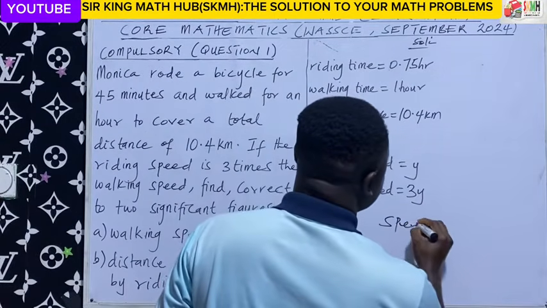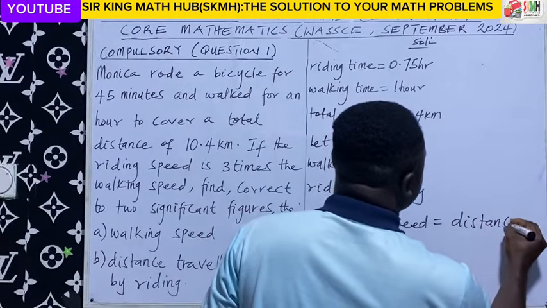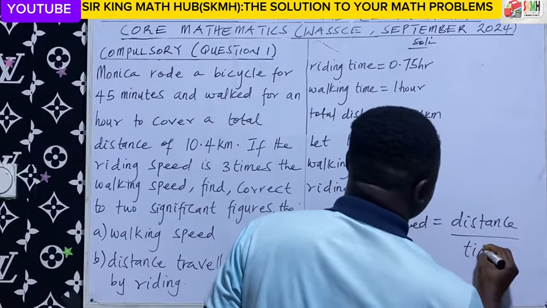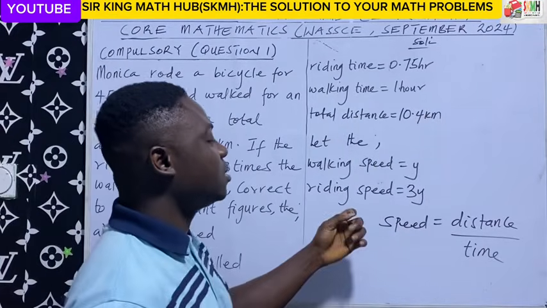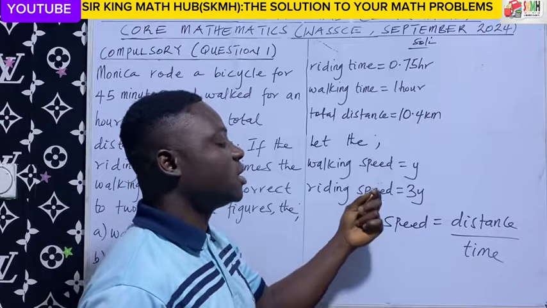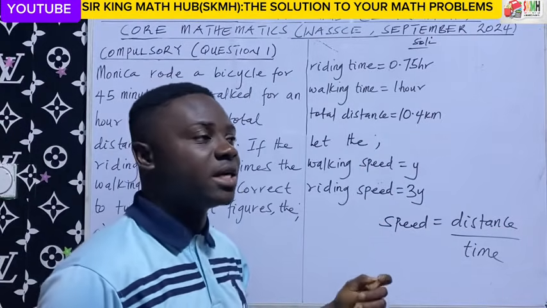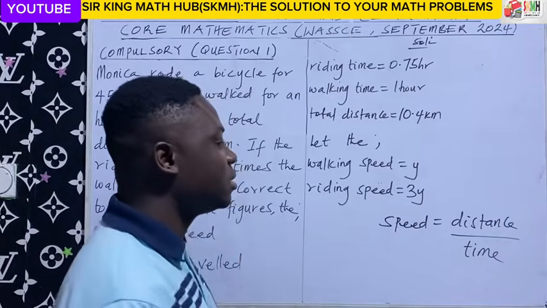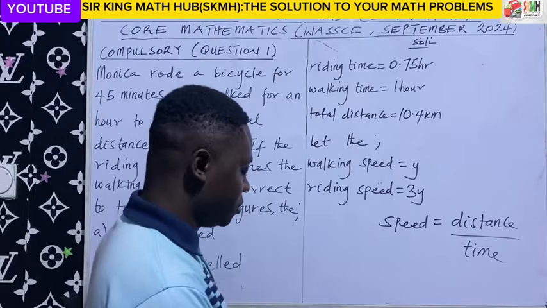Now, we know that speed is equal to distance over time. I'm going to calculate Monica's riding distance and then Monica's walking distance. So let's make distance the subject.